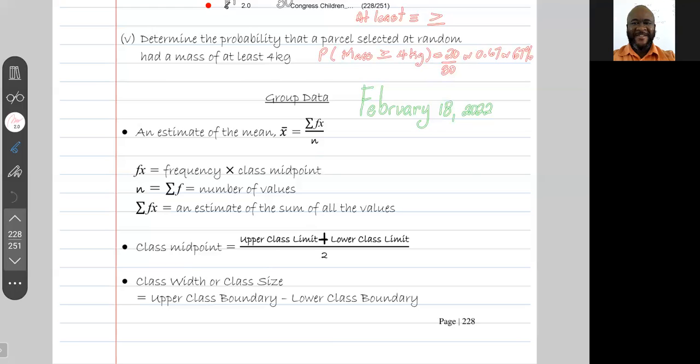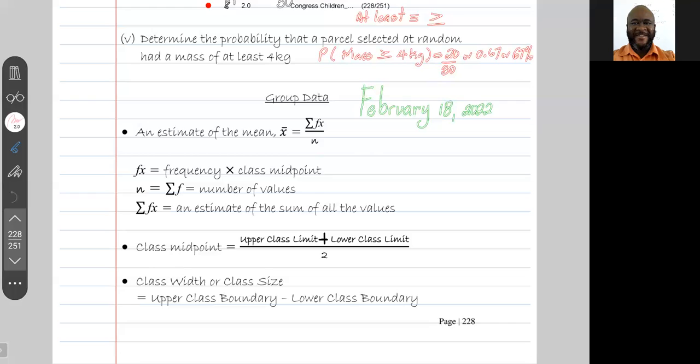Guys, the sum of fx is an estimate of the sum of all the values. Remember, whenever you calculate average or mean, which is the same as average, you have to add up all the values and then divide by the number of values.